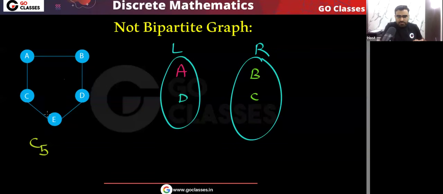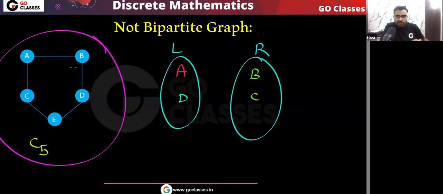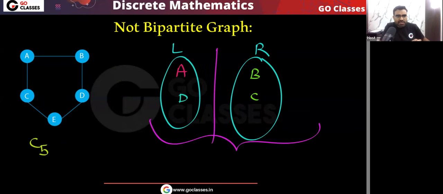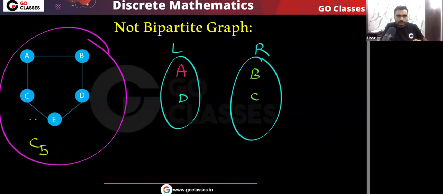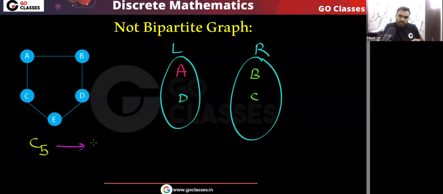So you can see I cannot put this vertex E in this right part. So notice one thing. I cannot put vertex E in left part. Also, I cannot put vertex E in right part. So whatever you do, you can easily notice that this graph I cannot represent as a bipartite graph, or I can simply say that this graph is not bipartite graph. Is this clear? So remember, this is not bipartite graph.